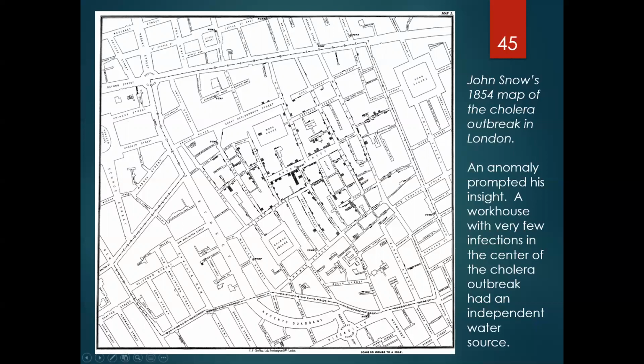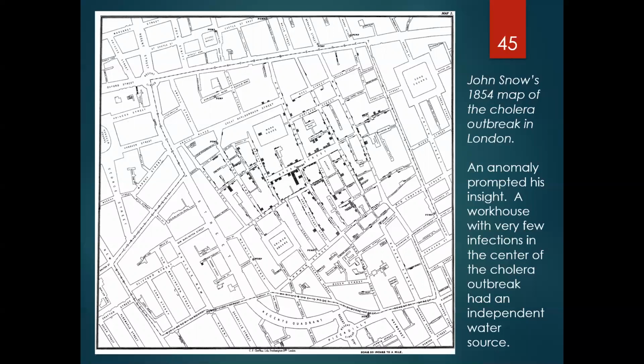Although there are a lot of cases right here, and on the left side, in the central area, it's very strange that fewer cases are found in this huge building, which is a workhouse. We can see this pattern because it's very strange. This workhouse is surrounded by a lot of cases, but within this area, for those people who are working or living here, fewer cases were found, which is weird.